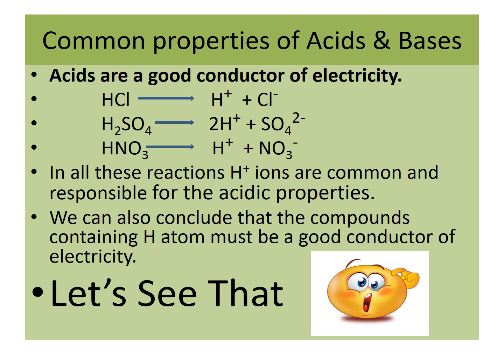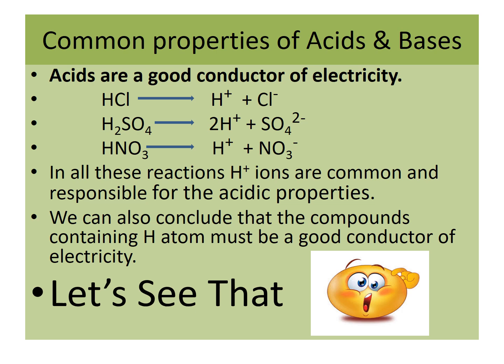As you can see over here, the acids are the good conductor of electricity. But what makes them a good conductor of electricity? As you can see in these reactions, HCl, H2SO4, HNO3, all of them have hydrogen, and you know that all these three are the acids. What is their behavior?